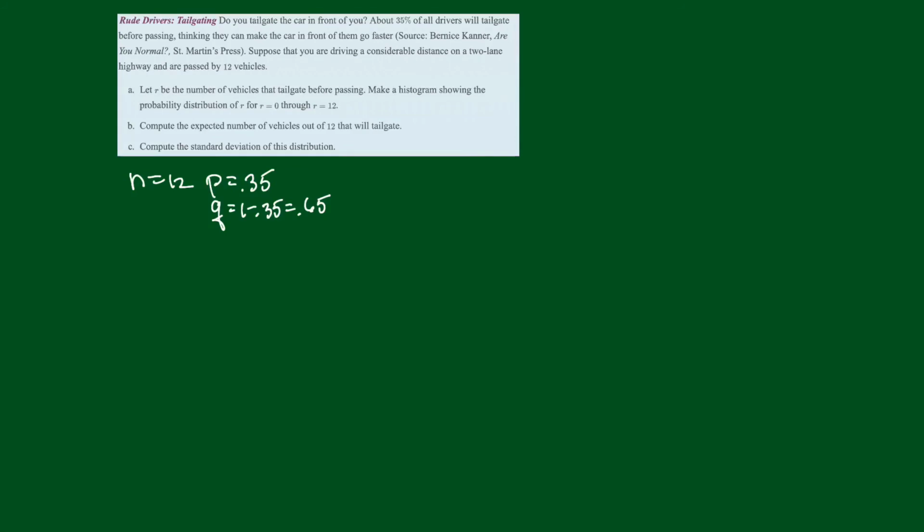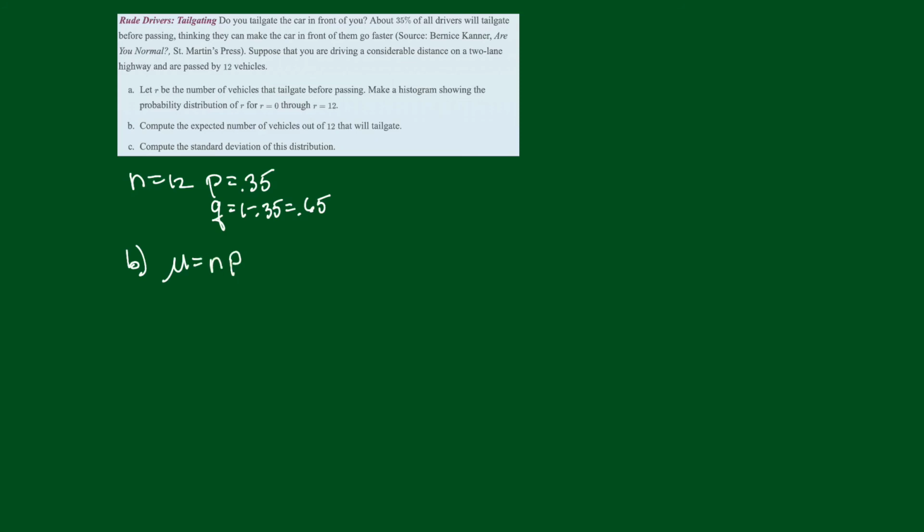Now, I'm not going to make a histogram with all these bars. Let's just go down to part B. Part B says: compute the expected number of vehicles out of 12 that will tailgate. We have a formula for that.